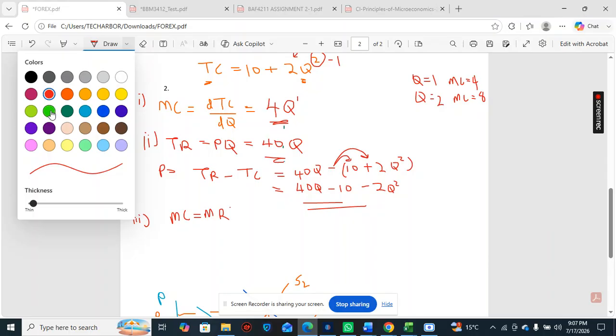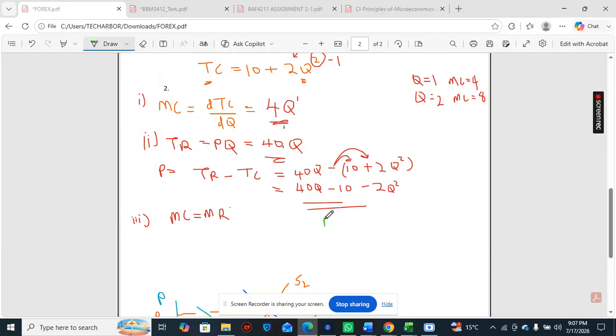So marginal revenue, mathematically, is expressed as the derivative of the total revenue function. So we're deriving our total revenue function with respect to Q. So I wrote dTR over dq. We're just saying we're deriving this function here, this 40Q function, with respect to Q. All right. So when we derive 40Q, remember this is 40Q to the power 1.